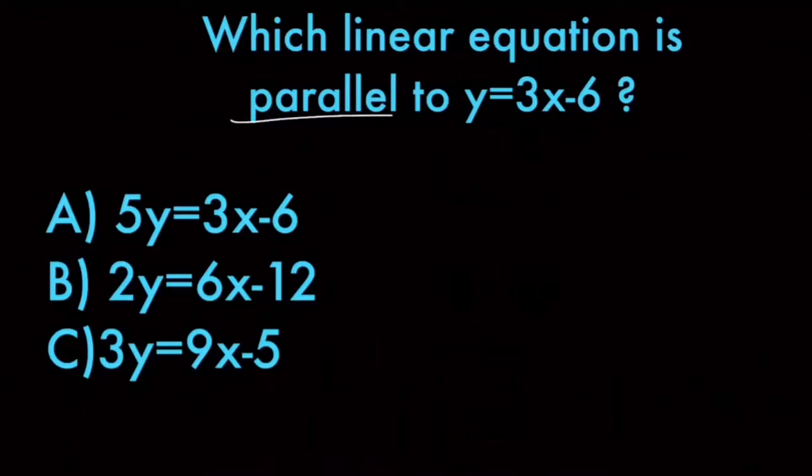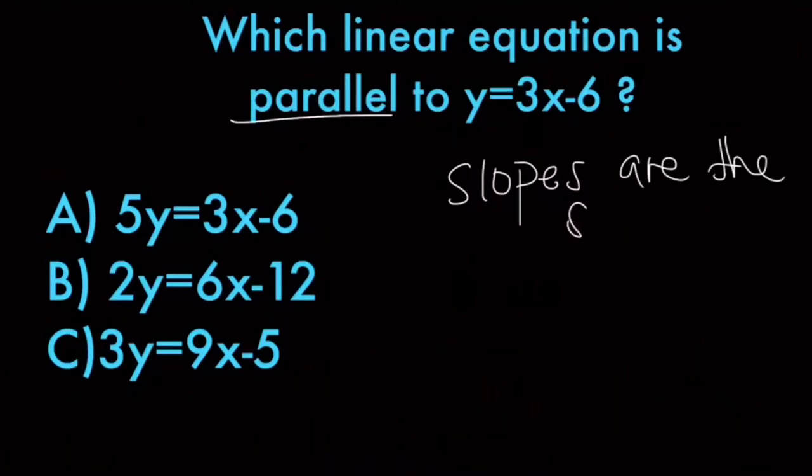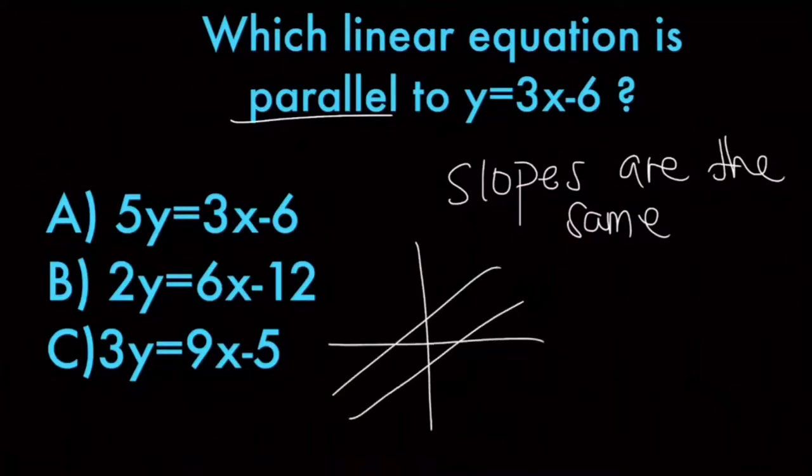So to have a parallel line, we need to make sure the slopes are the same. This is the first thing we need to check. So like on a graph, say we have two parallel lines, these slopes here are the same, so they never intersect, because if there's even a small difference, they're going to eventually meet somewhere on the plane.